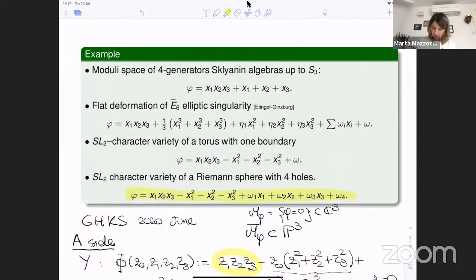Let me just say this, because it will be important. In the case of the flat deformation of the elliptic E6 singularity, my undeformed object is this one. So again, this is an elliptic curve, in this case in P2. But when I deform it, I'm adding terms, which are here. And we see that in order to make this projective, we need to go up 1 dimension, okay?